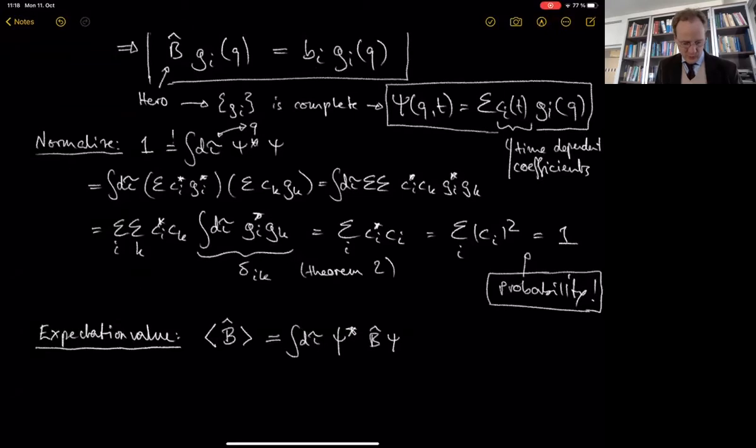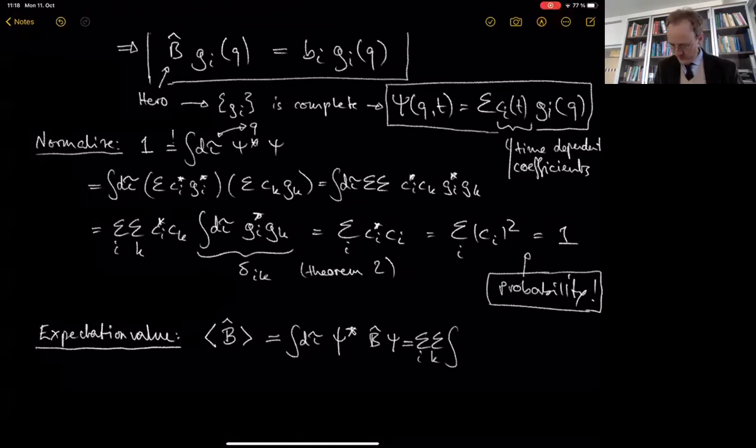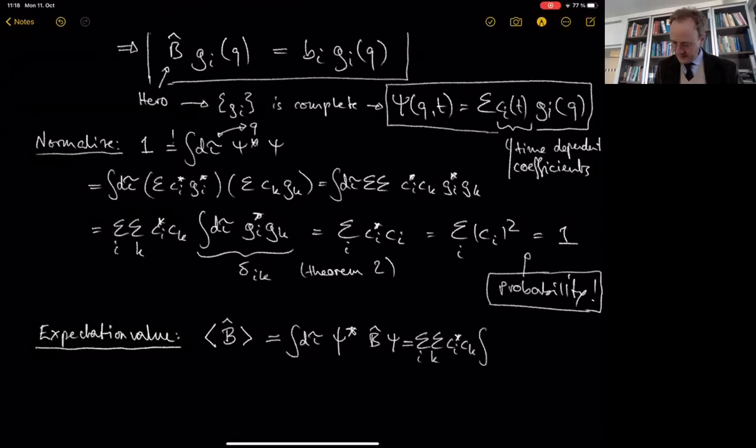And now we substitute. And that means we have our double sum again, over i, k, c_i complex conjugate, c_k, integral, and now g_i B g_k. Okay.